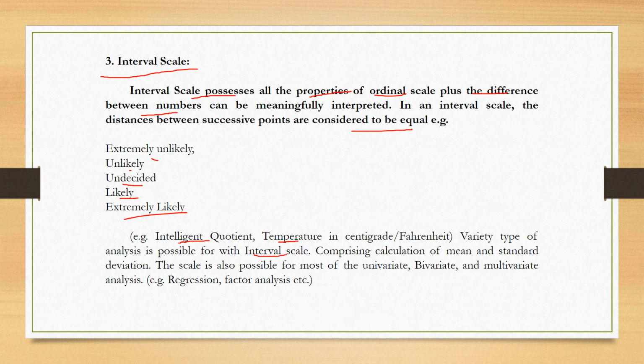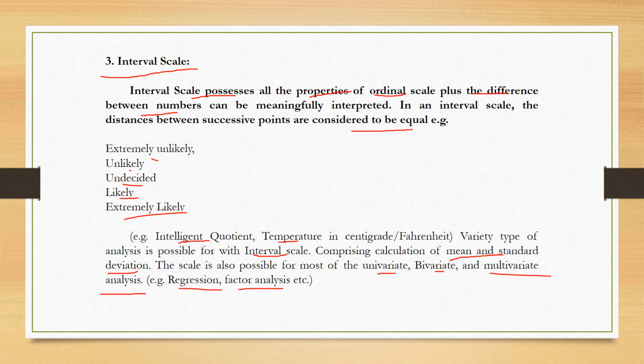A variety of analyses are possible with the interval scale, including calculation of mean and standard deviation. The scale is also suitable for most univariate, bivariate and multivariate analysis. That is, regression or factor analysis is done when we collect our data on the basis of an interval scale.